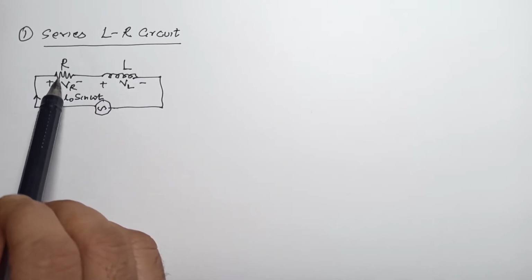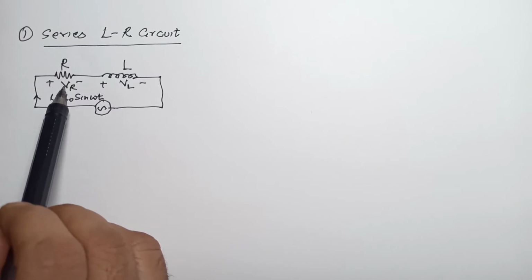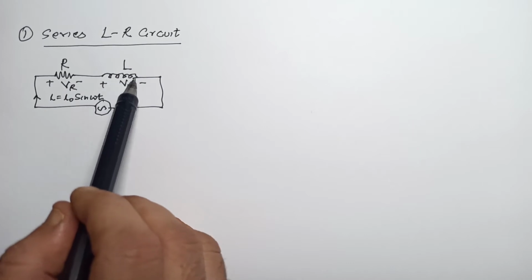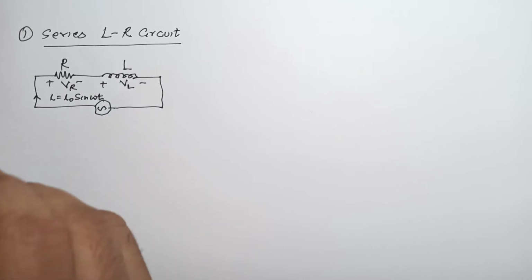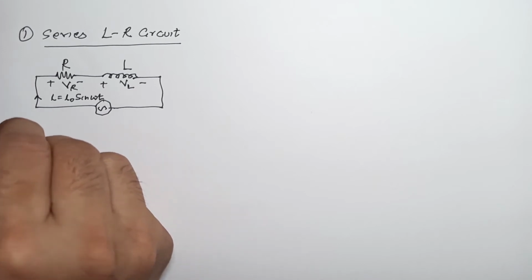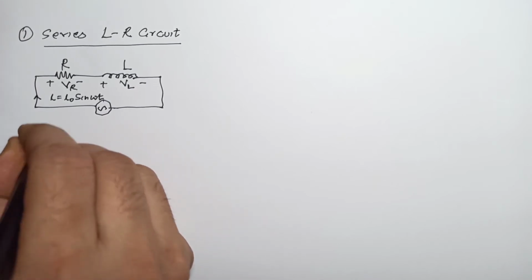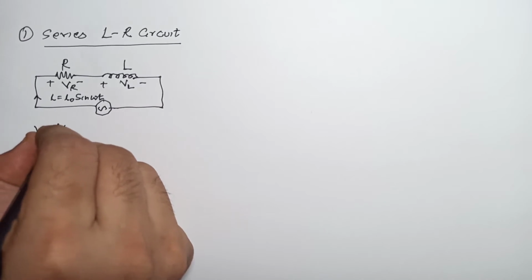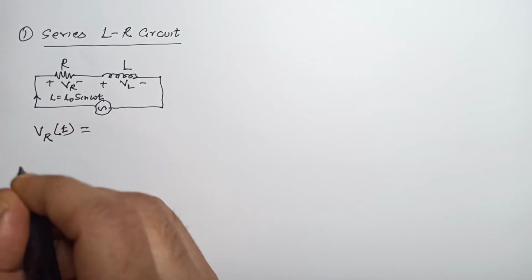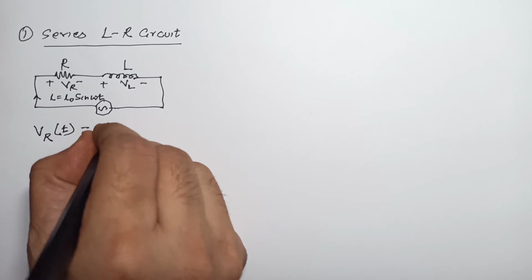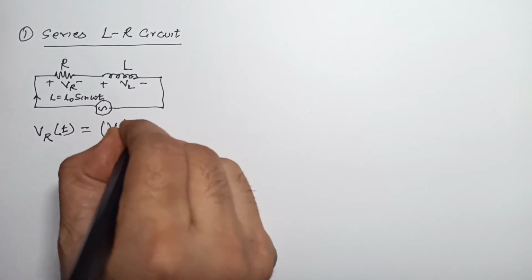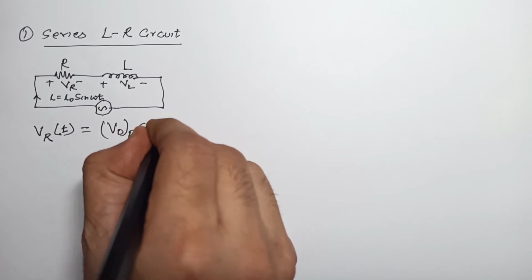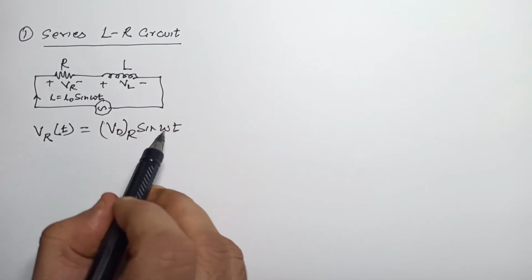Now imagine the potential difference across the resistor is VR, and the potential difference across the inductor is VL. Now we can say the potential difference at R as a function of time is equal to V naught R sine omega t. Why is it sine omega t?